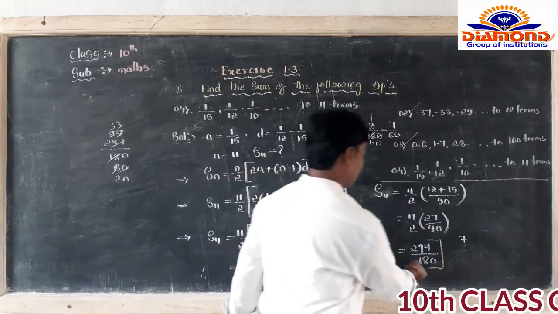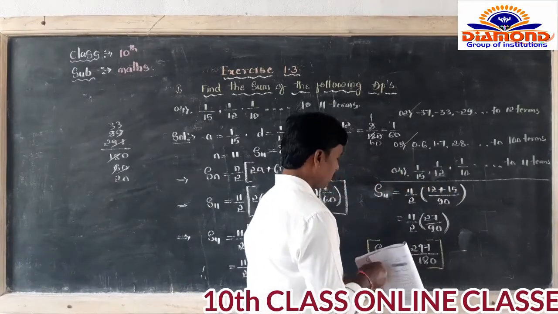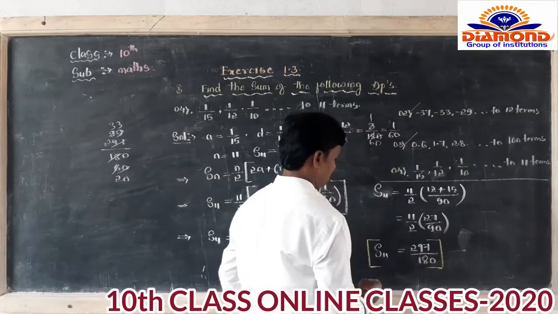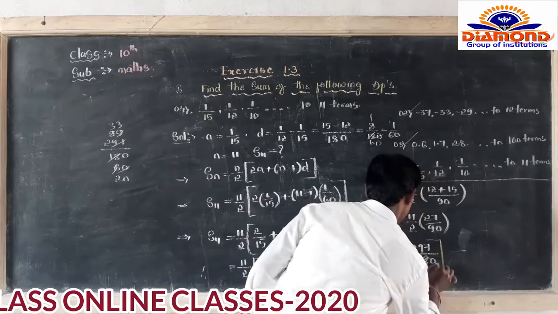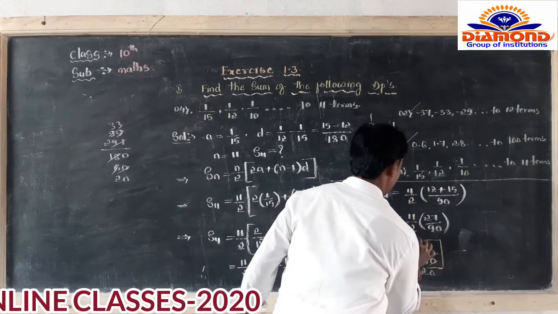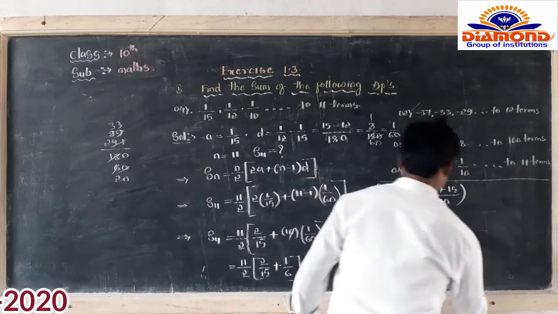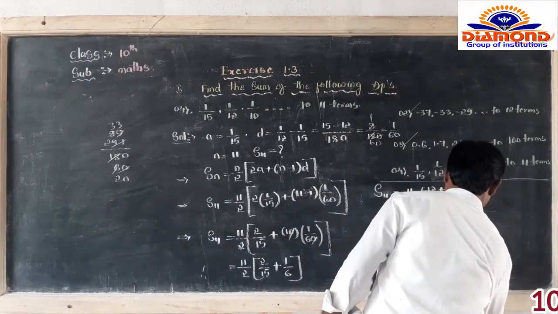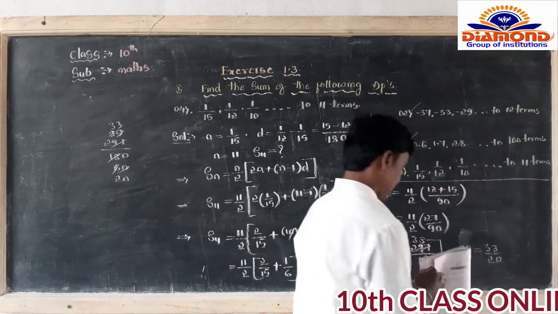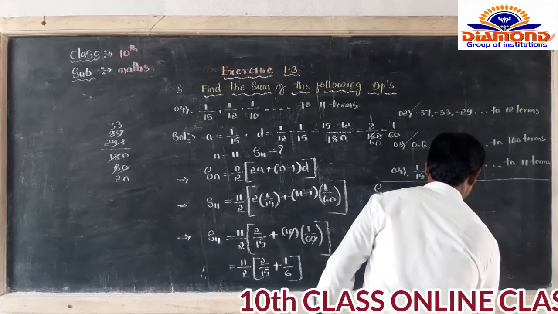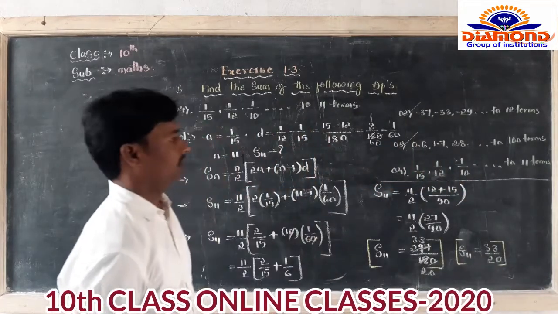When we do this simplest form, look here dear students, 9 2s are 18, 0 came, 9 3s are 27, remainder 2, 9 3s are 27. Means the answer, the sum of the 11th term, is equal to 33 by 20. The answer is right. He did the simplest form. The answer came 33 by 20.